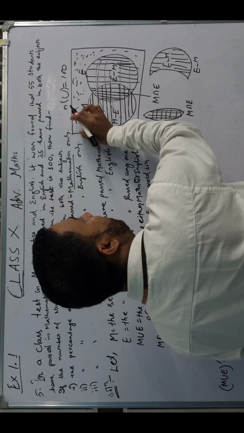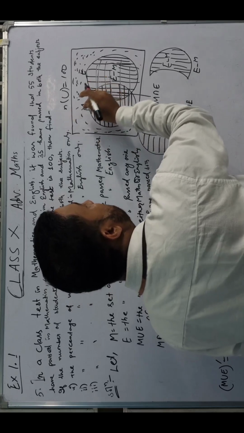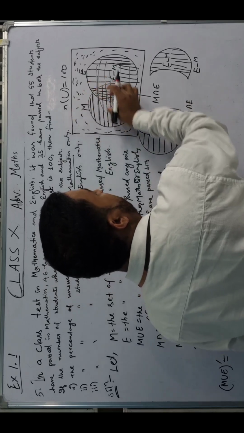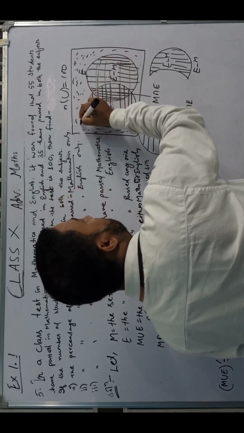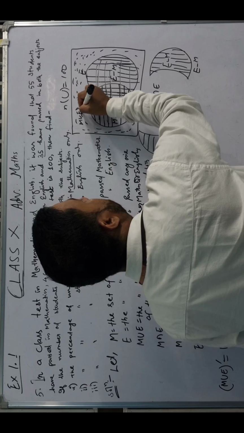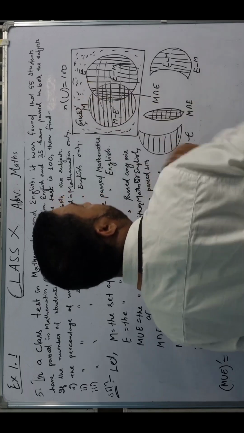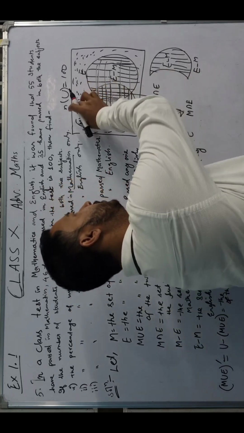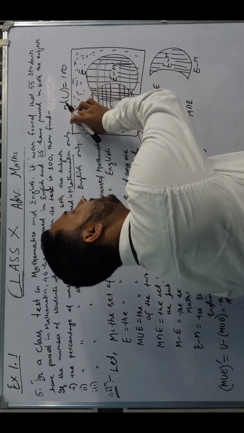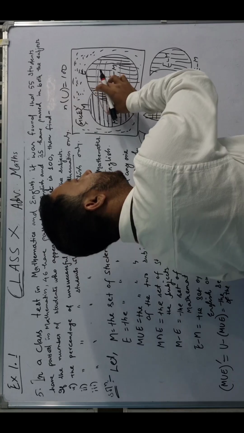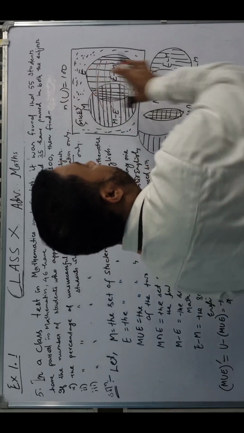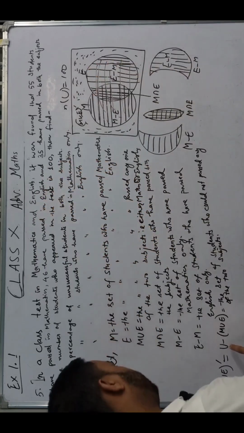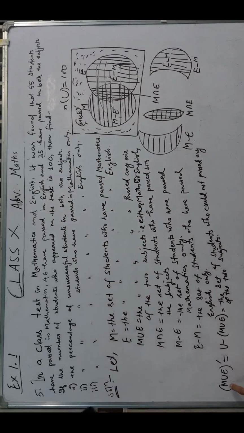Because if any student has cleared any of the subjects, he or she should be in either M or E. So this is M union E complement. Complement means these students belong to this part in U, but are not a member of the two sets M and E. So U difference M union E is nothing but M union E complement.